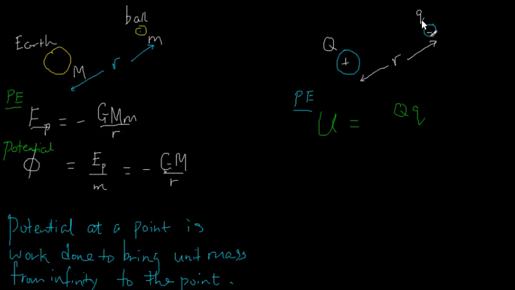It's understood that if any of these charges is negative, the negative value of the charge must be included in the symbol Q. So it's Qq divided by 4 pi epsilon naught R. So this is the formula for electric potential energy.